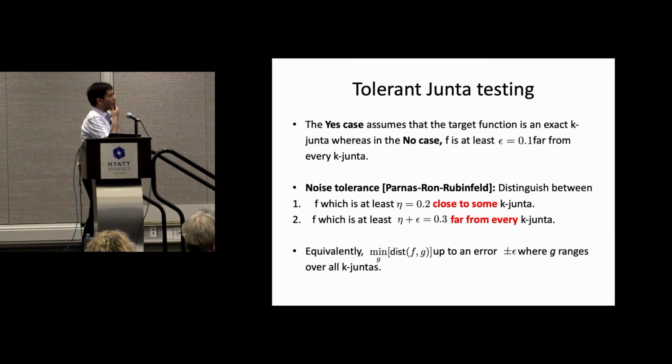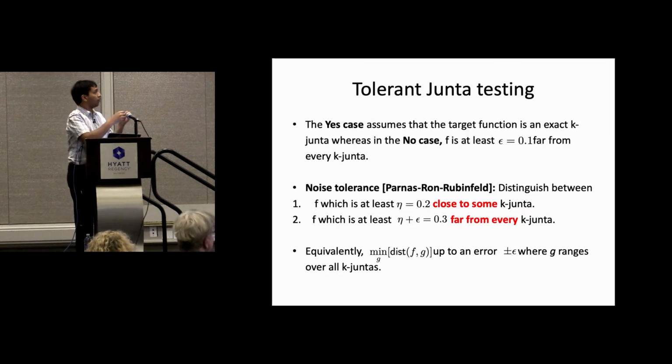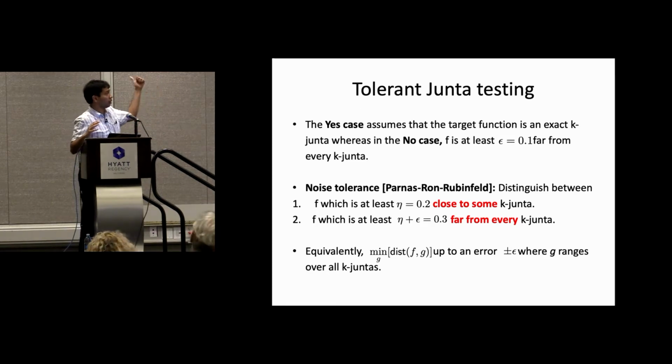And we are interested in the noise-tolerant version of this question. Namely, we want to distinguish between functions which are eta, let's say 0.2, close to some k-Junta, versus functions f which are eta plus epsilon, let's say 0.3, far from every k-Junta. So the difference compared to the previous case is that in the yes case, the function isn't exactly a k-Junta, but just close to some k-Junta.